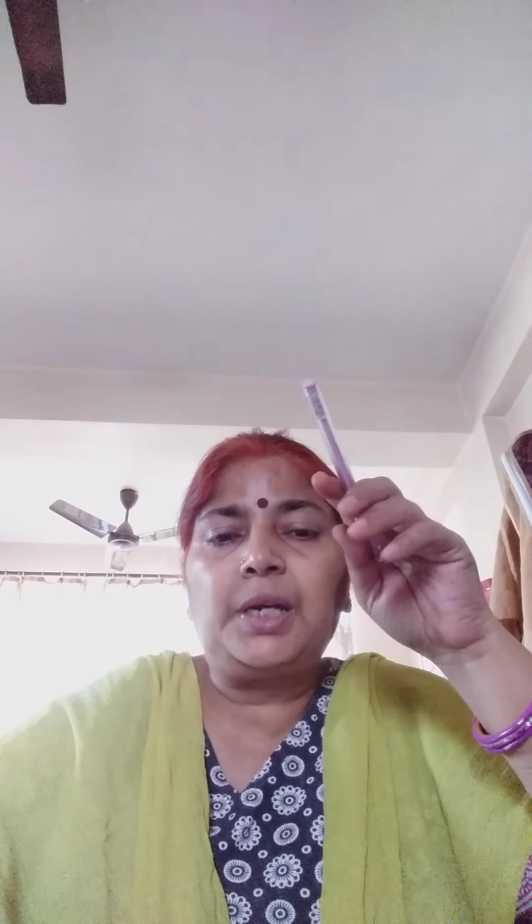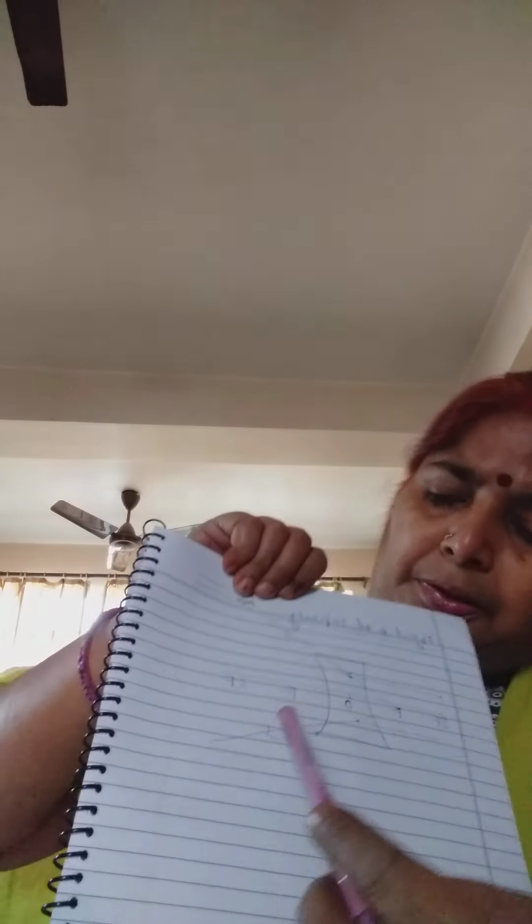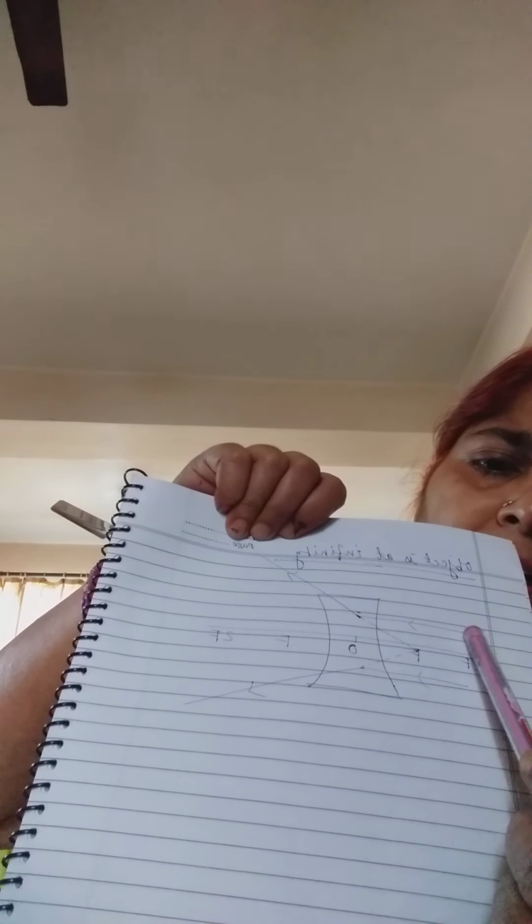But when the object is kept at infinity, it is not given in your book children. Just now I am showing you. When the object is kept at infinity, the ray is coming parallel to principal axis.